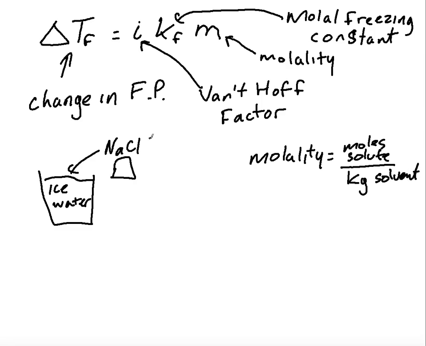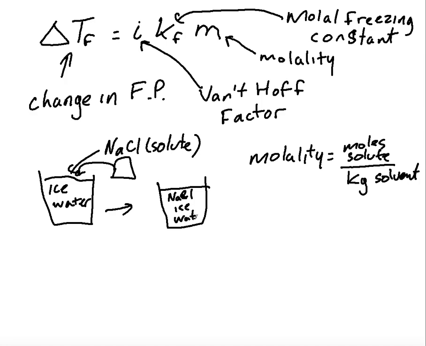Now the solute here is the NaCl. So you stick that into the water, and of course it dissolves, and you stir it around a bit. So what you've got here is a solution of NaCl and ice water. Then what happens is that the ice gets filtered off, so what we're left with is just NaCl and water.